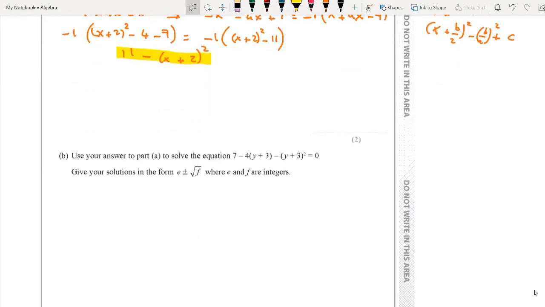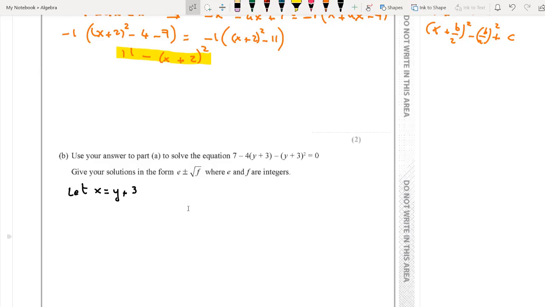The next part says that using your answer to part A, solve 7 minus 4(y plus 3) minus (y plus 3) all squared. Here we can find easily that x can be y plus 3. So to solve this, we say let x equal y plus 3.